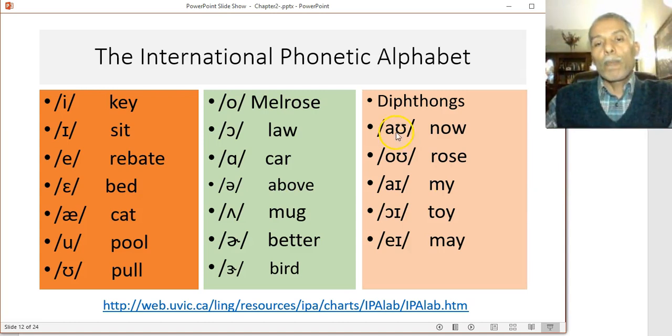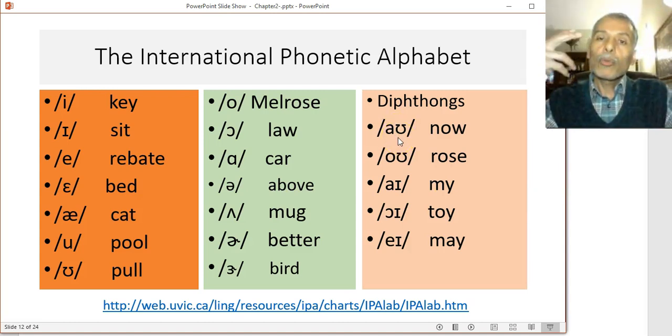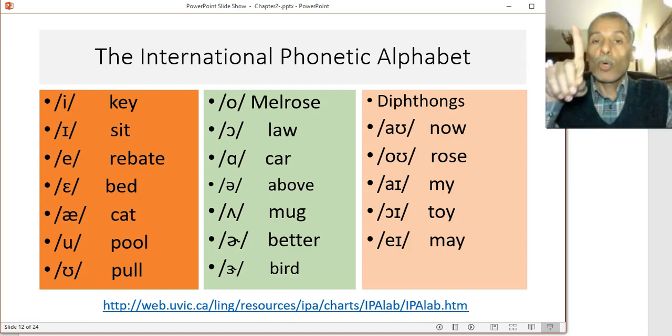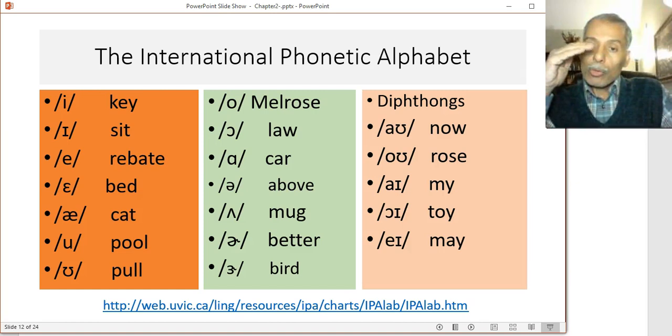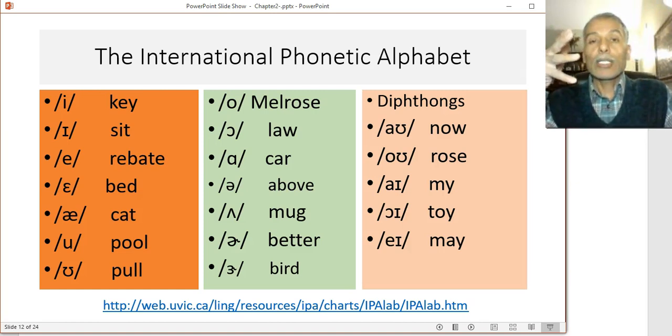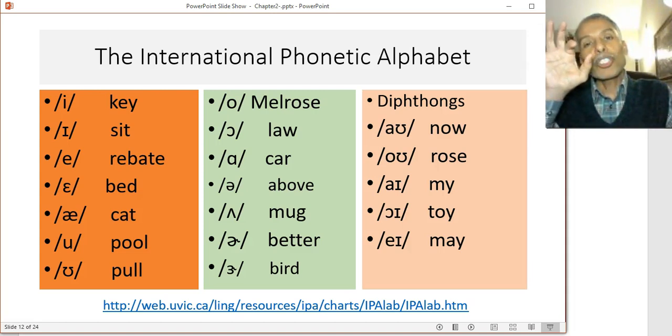The diphthongs are two vowels combined into one single phoneme, one single sound. You begin with a vowel and then glide to the next one immediately, but in the process you make each one shorter when you blend them.